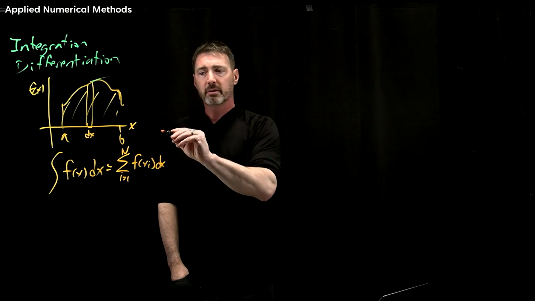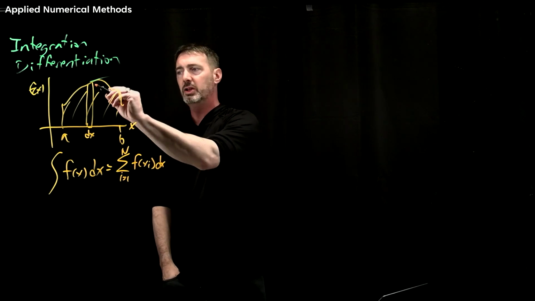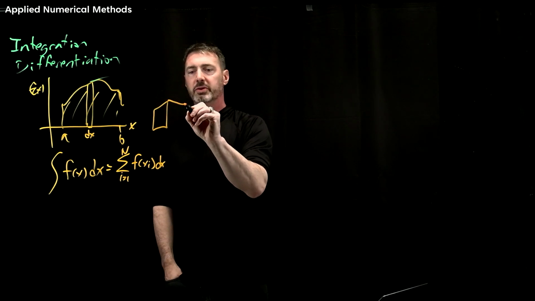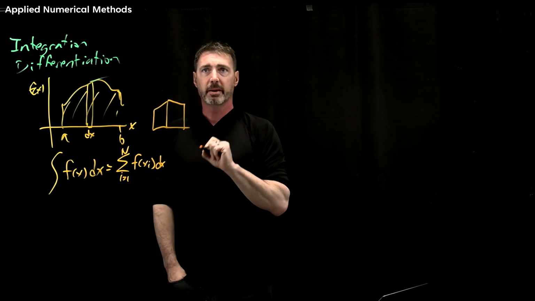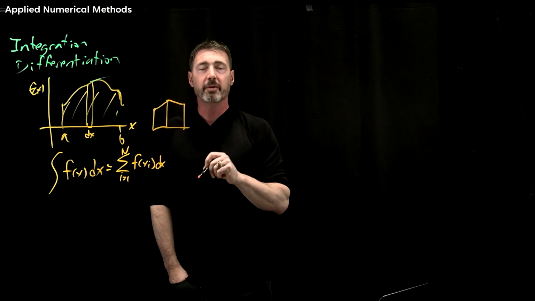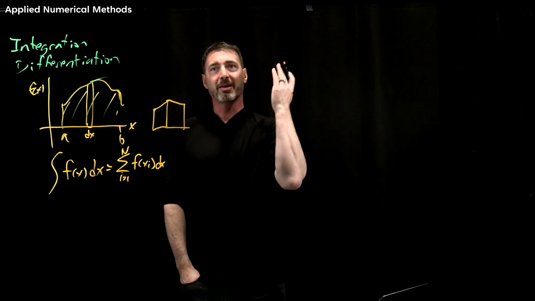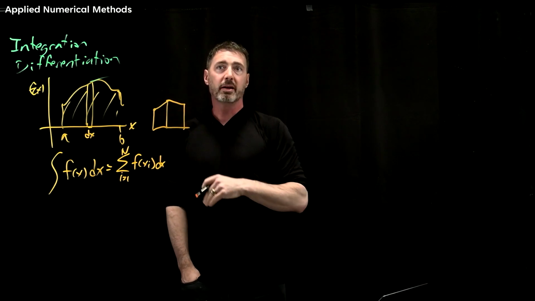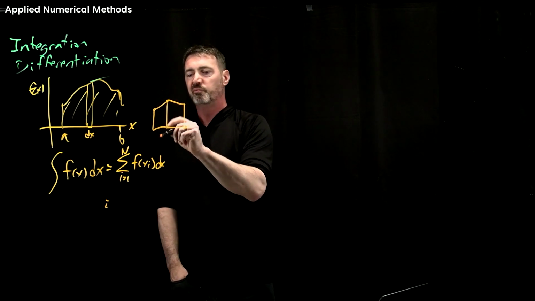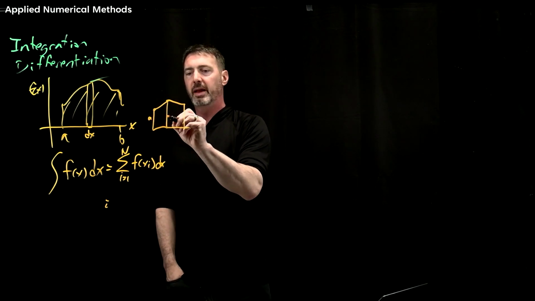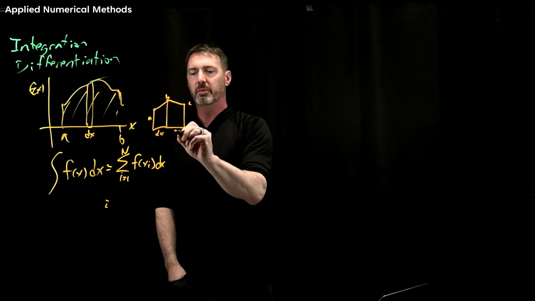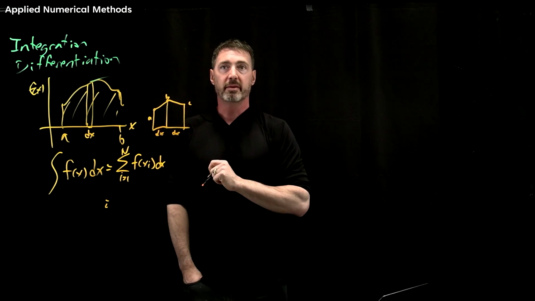But the more accurate version is to imagine each point of these curves as adding up a whole bunch of trapezoids, where you have the height of one plus the height of the other. Going back to your elementary days, the area of a trapezoid: let's call this A, and then B, and then C, and let's call each one of these the x's, just to be very simple.